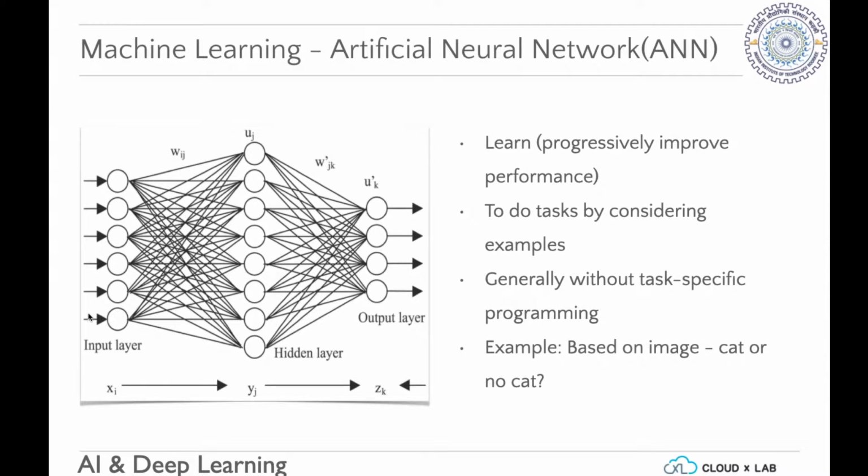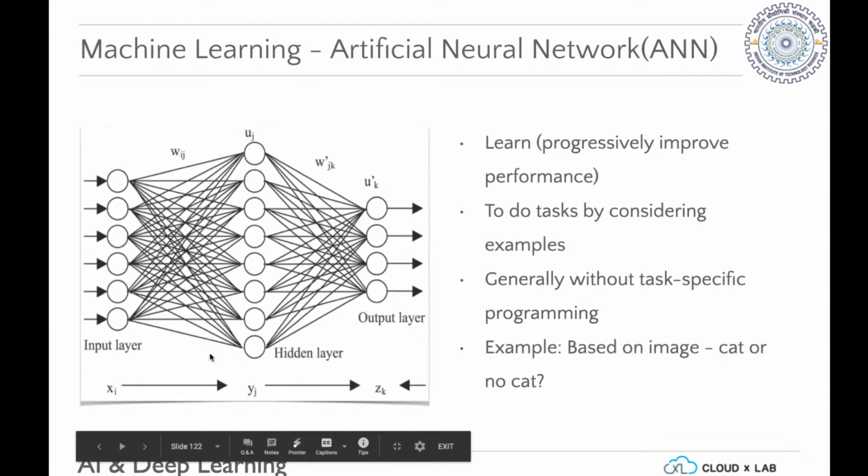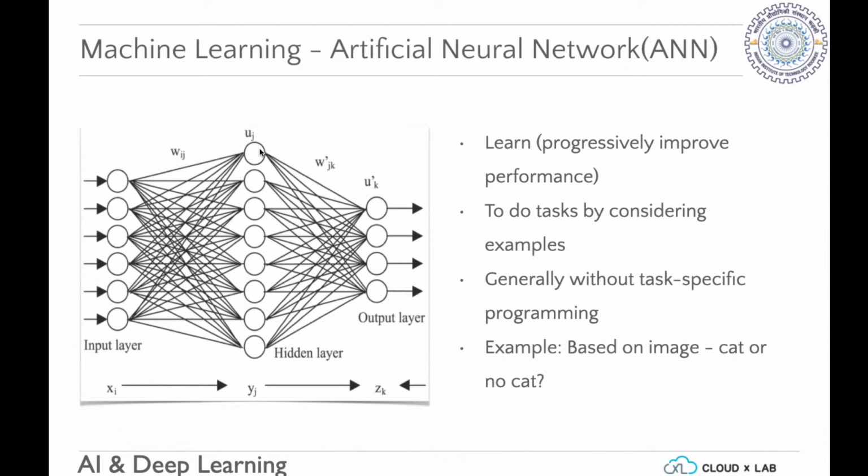Let's assume your input layer has 6 parameters coming in, and then there is a mathematical relationship, which is basically like a weighted mean, calculated in what's called a hidden layer. Let me go step by step.